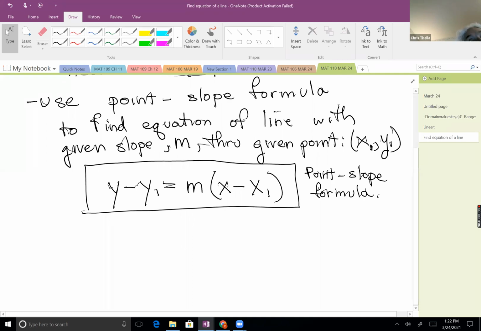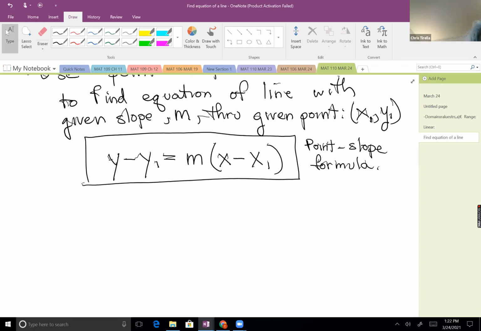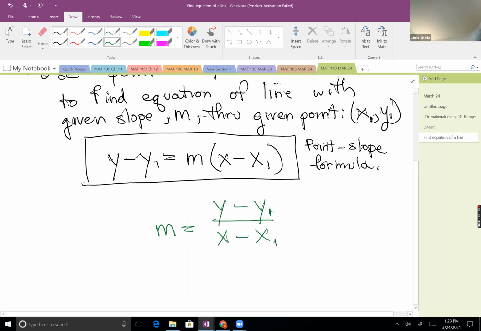And so I'm going to take a minute to kind of just show you a real quick derivation of the point slope formula. The one formula that we know, it's our definition of slope. Slope is the difference of the y values over the difference of the x values. This one, the second point, I'm going to call x1, y1.